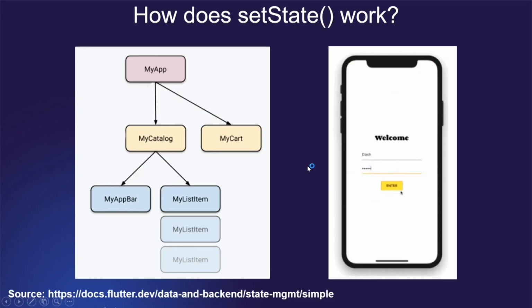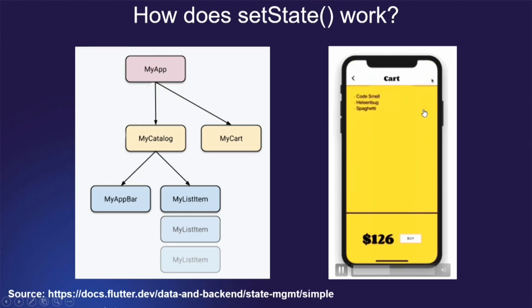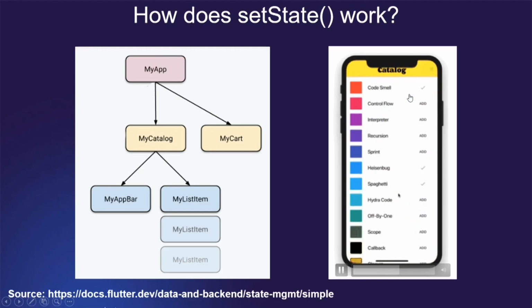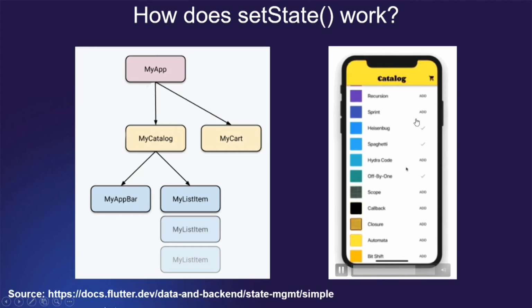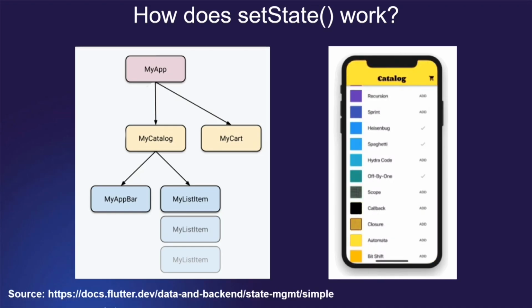Whenever a user logs in, it shows the catalog, and whenever some items are selected from the catalog, they are added to the cart, and you can see the cart is updated, and when we click on the cart, we can see the cart. So this is an example of a user interface update.